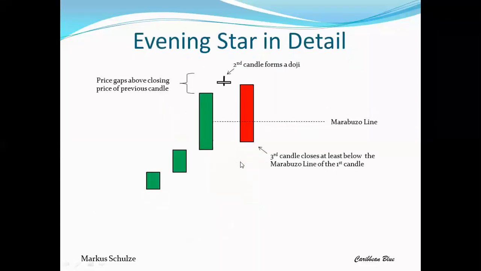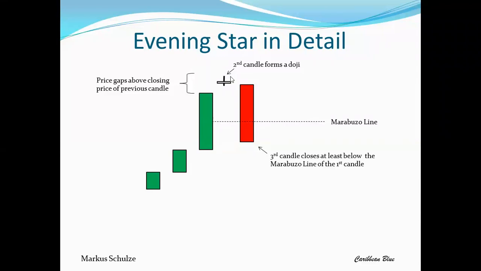In reverse, for the evening star, here we're looking at an uptrend initially, right? So the bulls are in control up until the second candle, where we now have a doji indicating indecision.